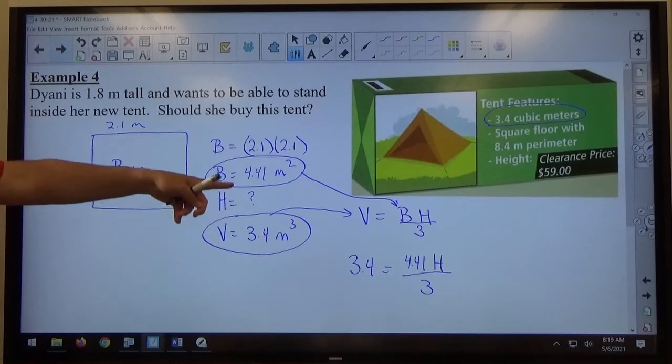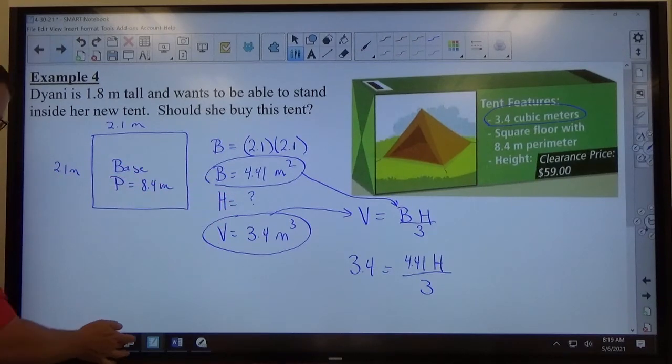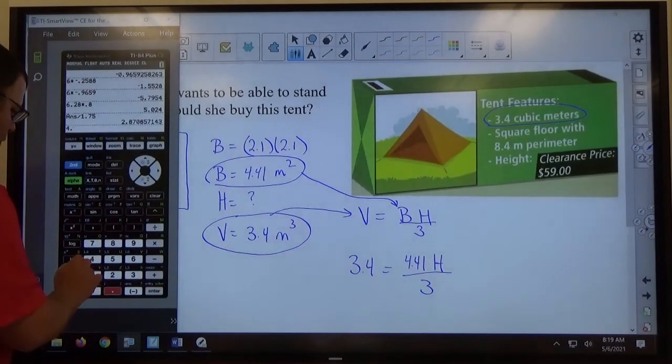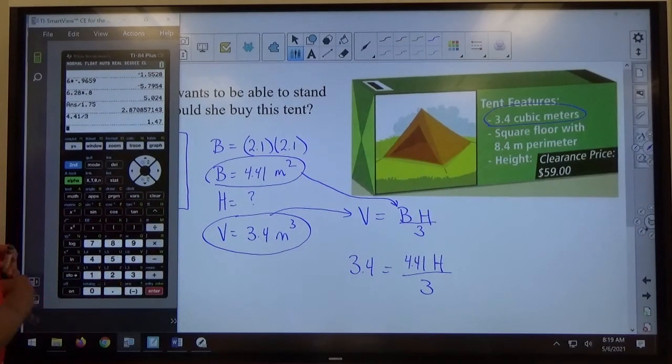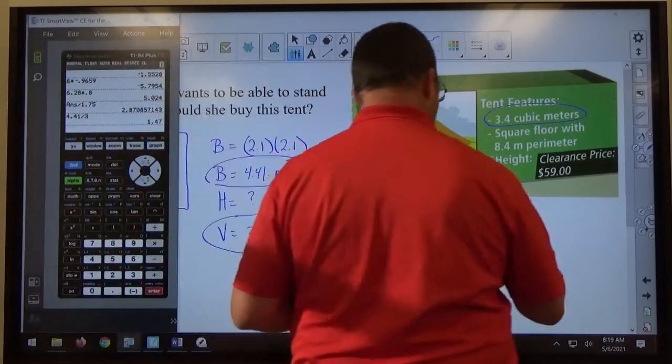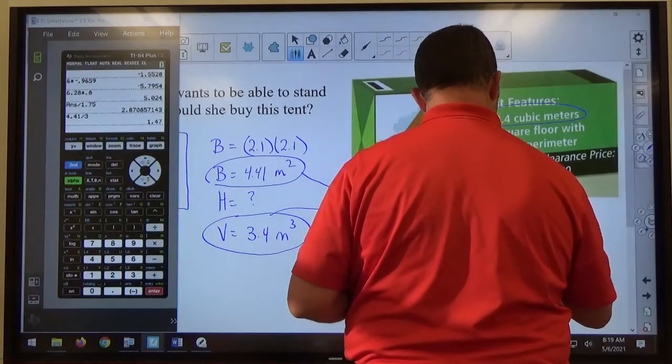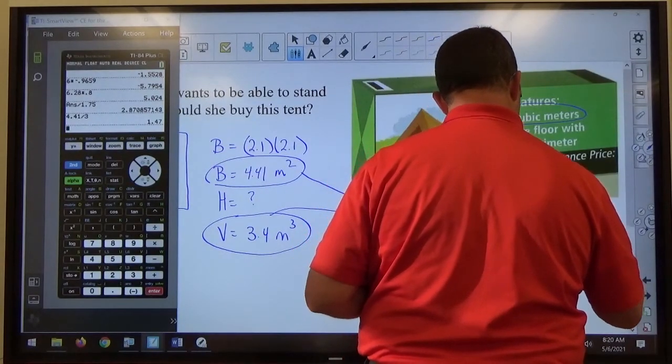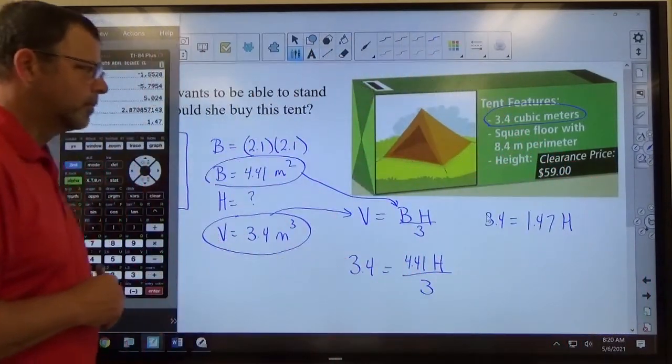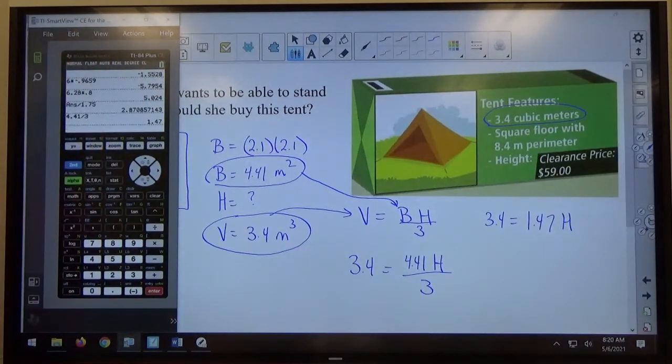I would divide the 4.41 by 3 first. 4.41 divided by 3 is 1.47. So 3.4 equals 1.47 times H. And to get H then, we're going to do what? Divide by 1.47.